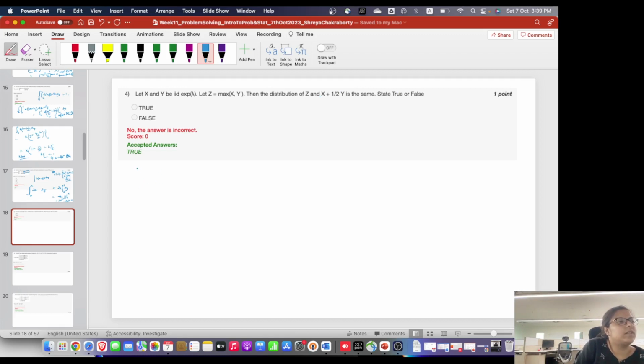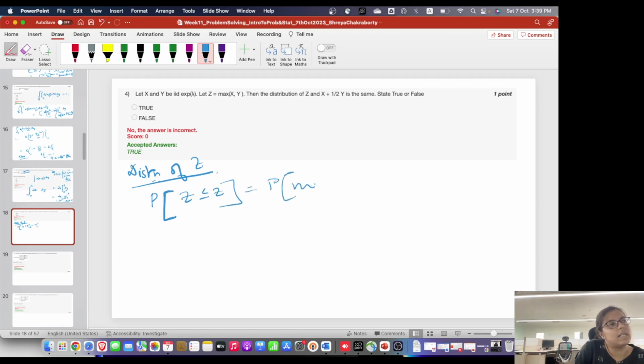First we'll find out the distribution of Z. So the probability that Z is less than or equal to small z equals the probability that the max of X and Y is less than or equal to small z.